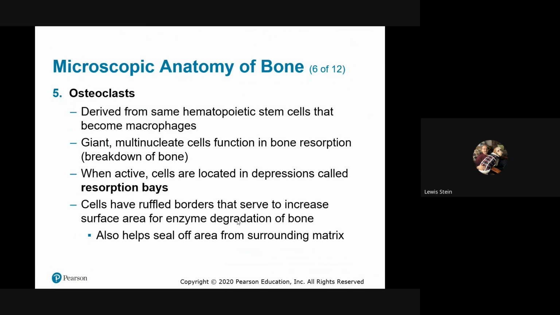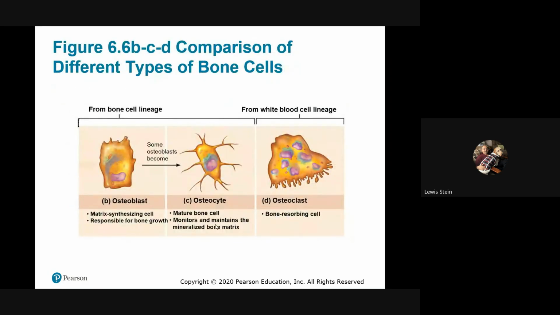With my advanced class, when we did bone physiology, they learned about the particular enzymes, and it's done in an acidic environment. Some of the lab tests we look for show what's abnormal, like alkaline phosphatase and acid phosphatase. You don't have to know those here.